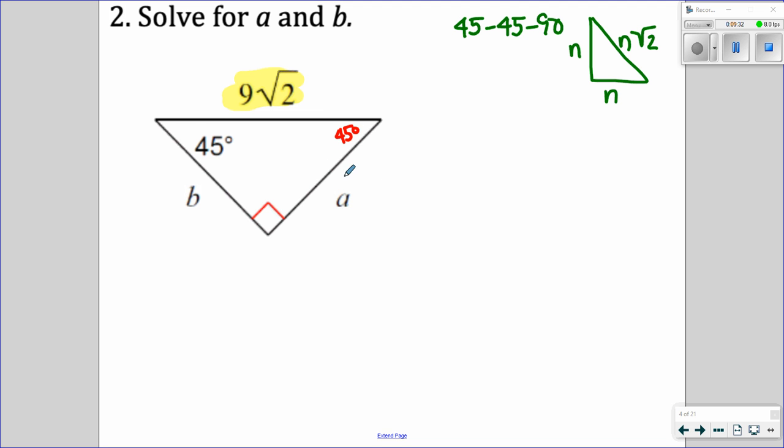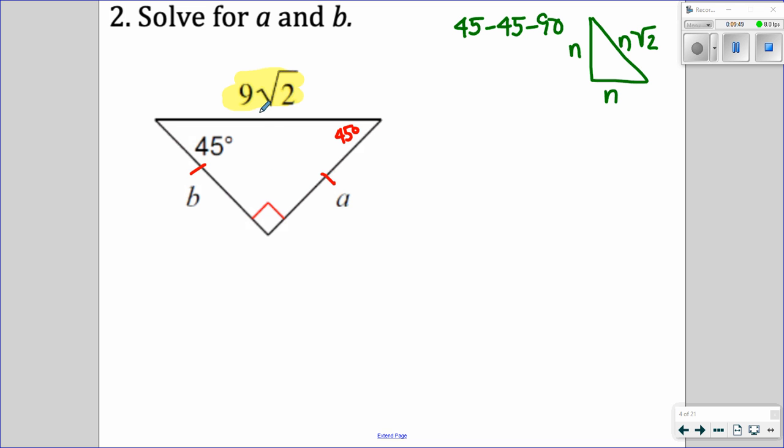So since the base angles are congruent, then the sides are congruent. That means whatever I find for A will be the same as B, and vice versa. They gave us the hypotenuse. Remember, the hypotenuse is always opposite the 90 degree angle.